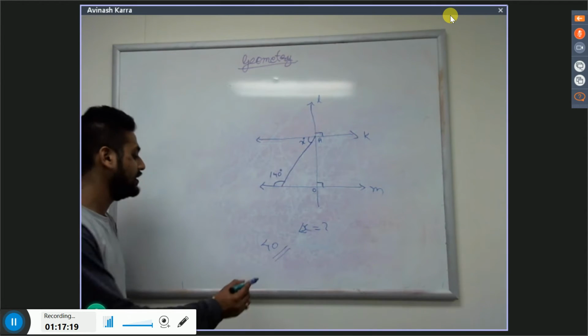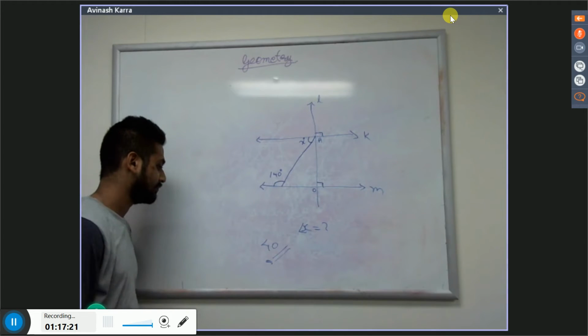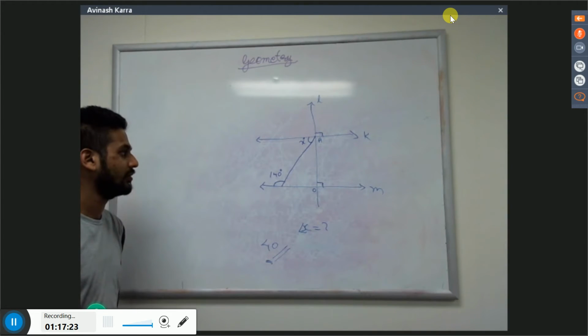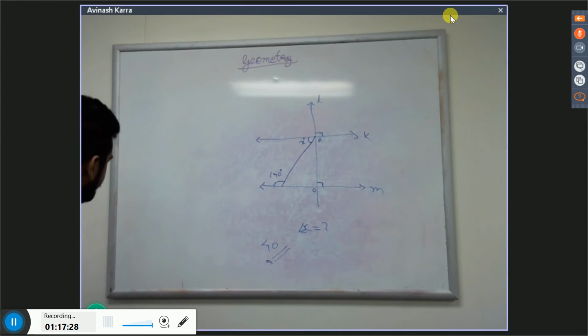So everyone got 40? Can you do it once? Okay.